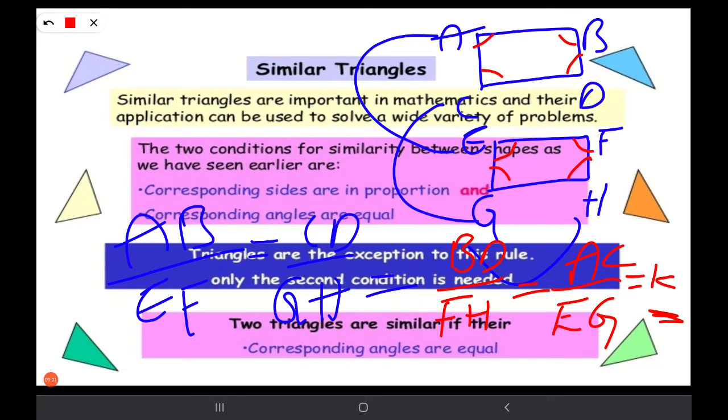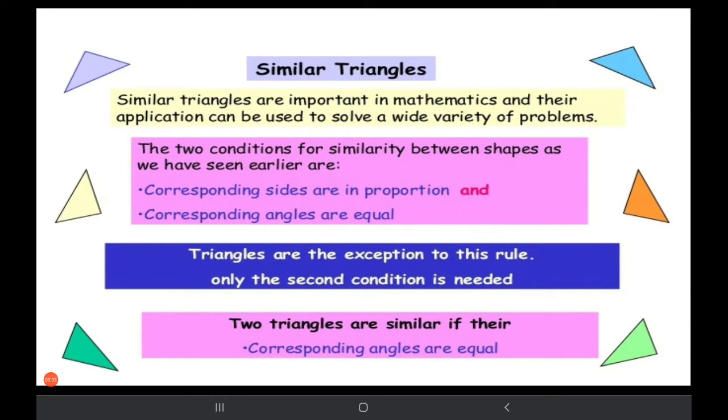So coming to triangles, triangles are the exception to this rule. What is that rule? Only the second condition is needed. In the triangles, this first rule is the exception, because if the corresponding angles are equal, automatically the corresponding sides are in proportion.